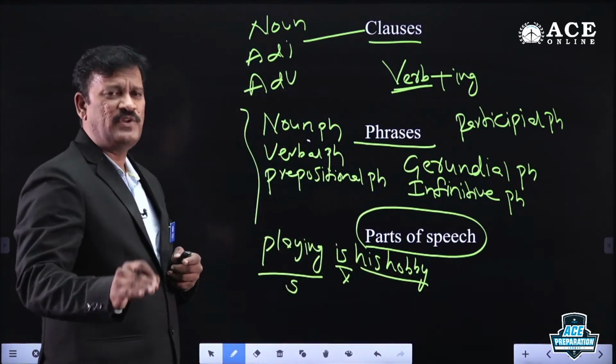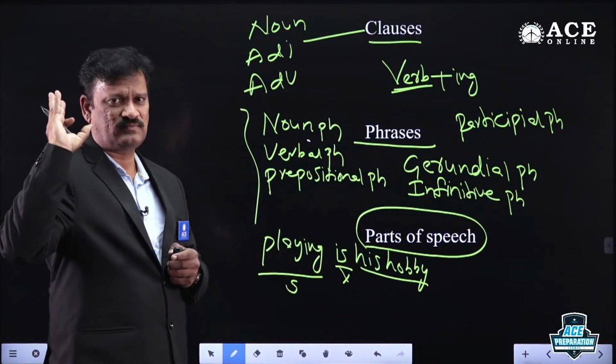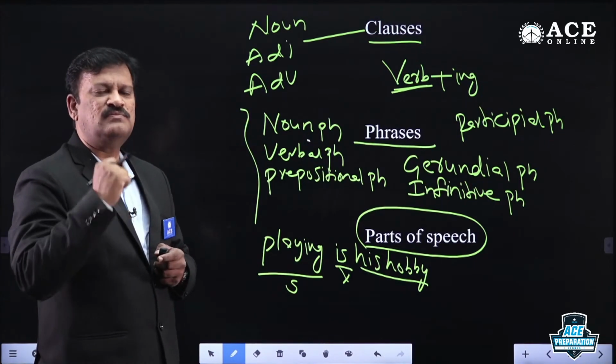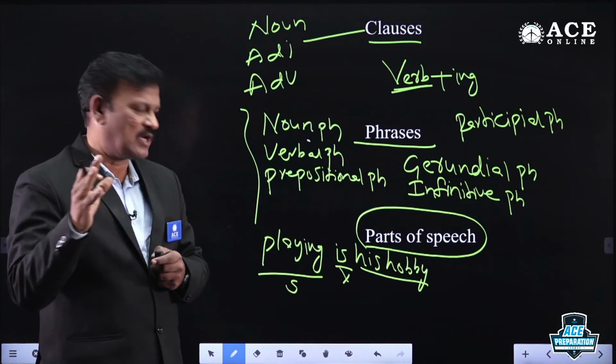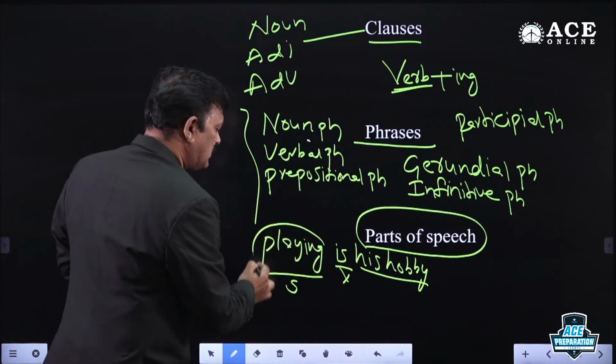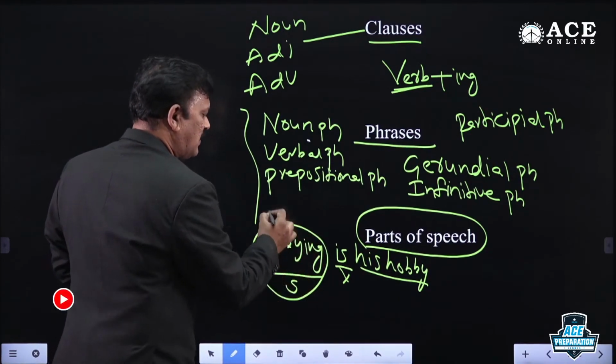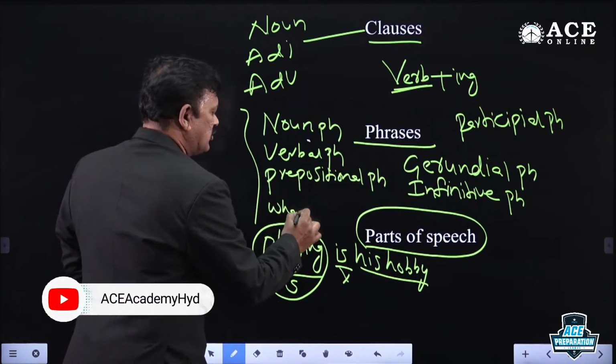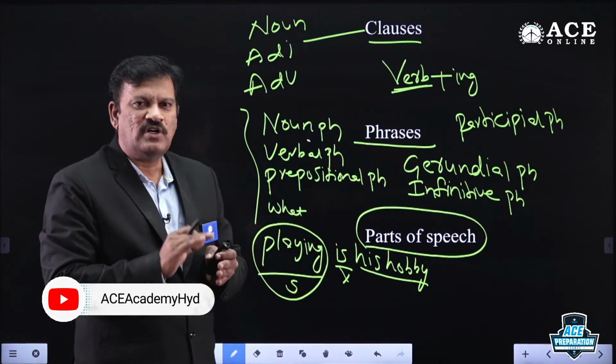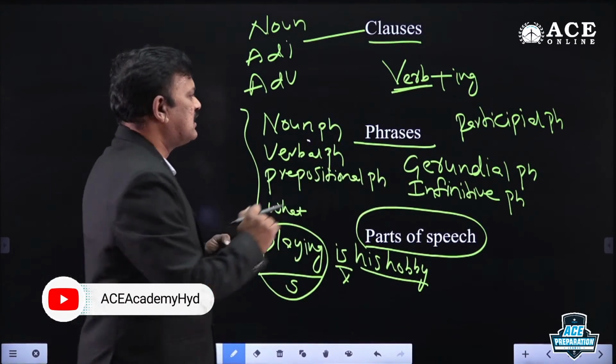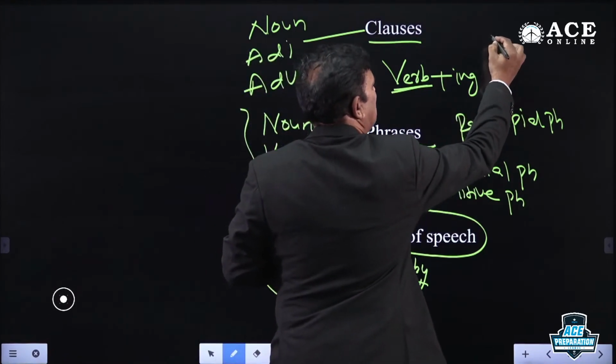Any word which is the answer for what or who is a noun or noun phrase or noun clause. It's a single word which is the answer for what. So guys, this is a verbal noun. So grammatically this is called gerund.